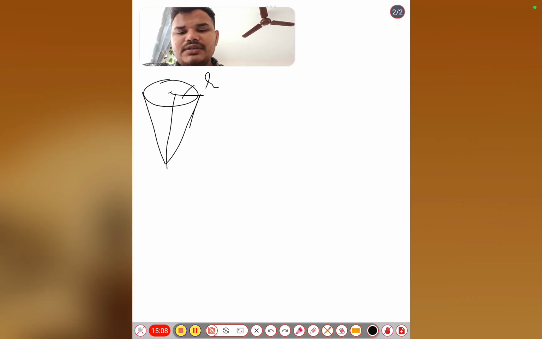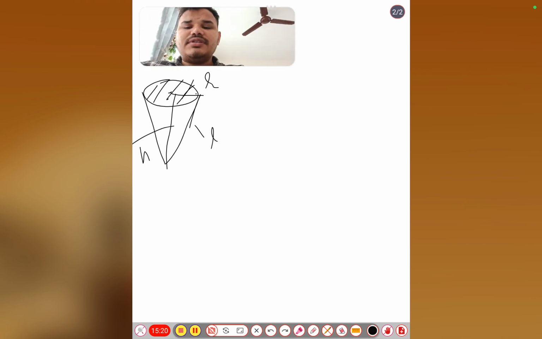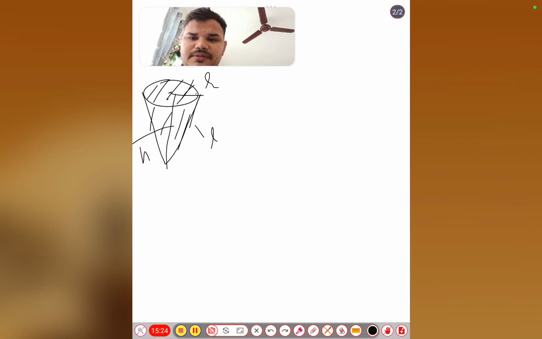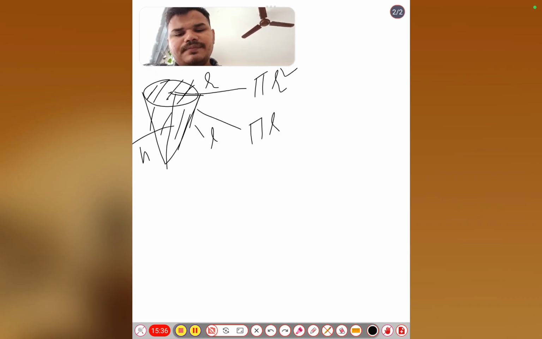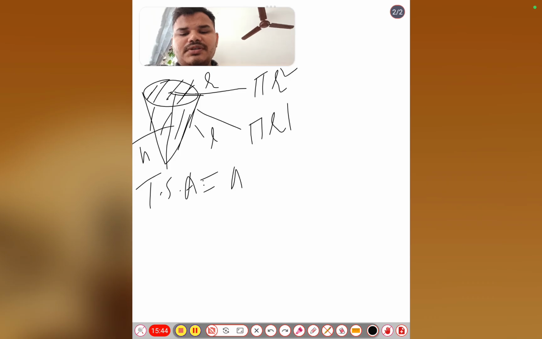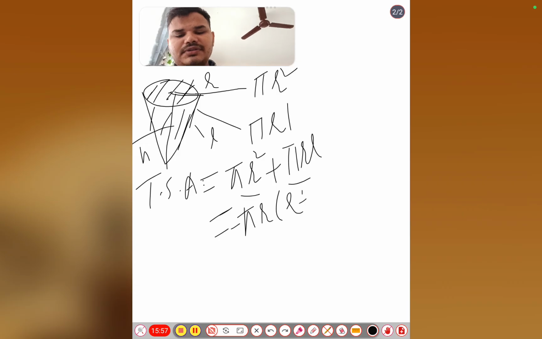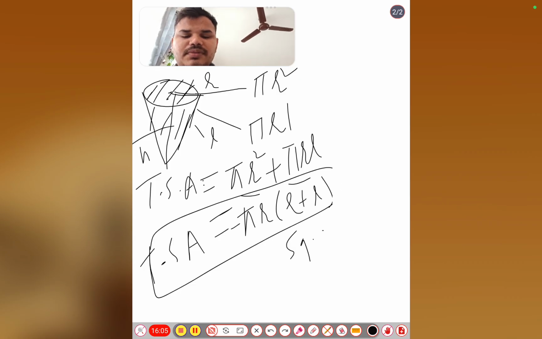Here it's r, here it's h and here it's L. The total surface area of a cone is the curved surface area plus the area of the base. The base area is pi r square, and the curved surface area is pi r L. Adding both, the total surface area equals pi r square plus pi r L. Taking the common pi r from both terms, we get pi r in brackets r plus L, and that is the required formula for the total surface area of the cone, and the unit is again square units.